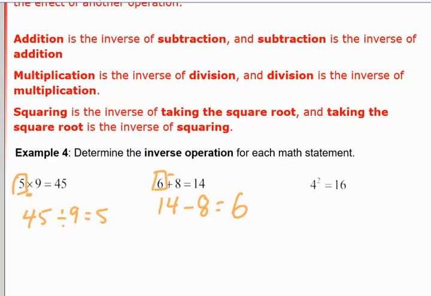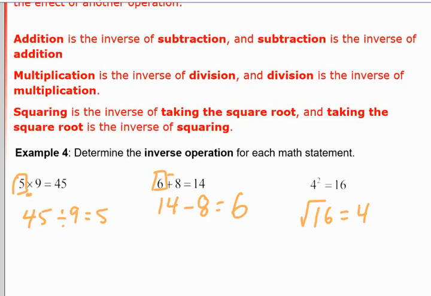Right? So what about this? How do we get 16 back to 4? Well, we square root the 16 and it gives us back the 4. So that's sort of the thinking there. I think it makes more sense when we get into actual questions.